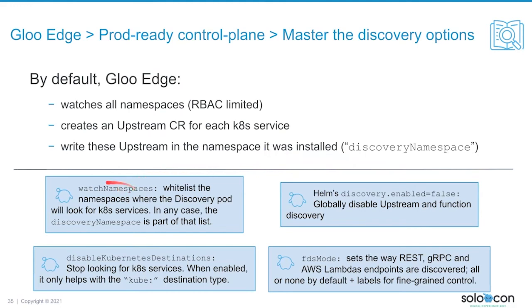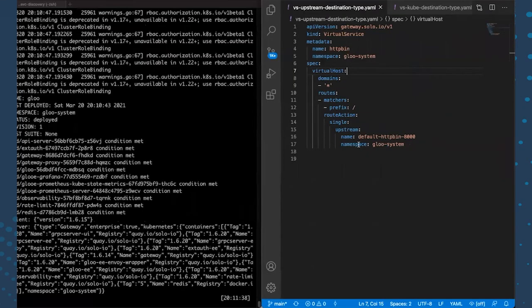You can control the namespaces that Gloo will watch with a kind of whitelist. And there are different kinds of upstreams that you can use in your virtual service. The most complete one is upstream, because you will be able to apply health check or connection timeout or failover on these objects, but this is not mandatory.